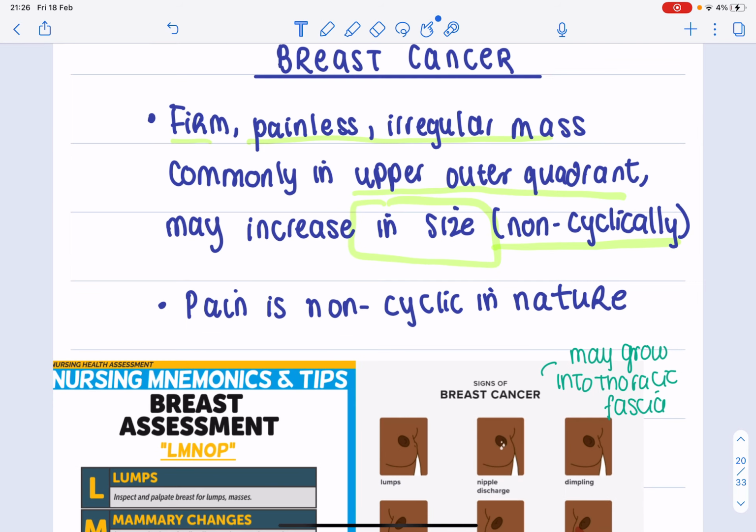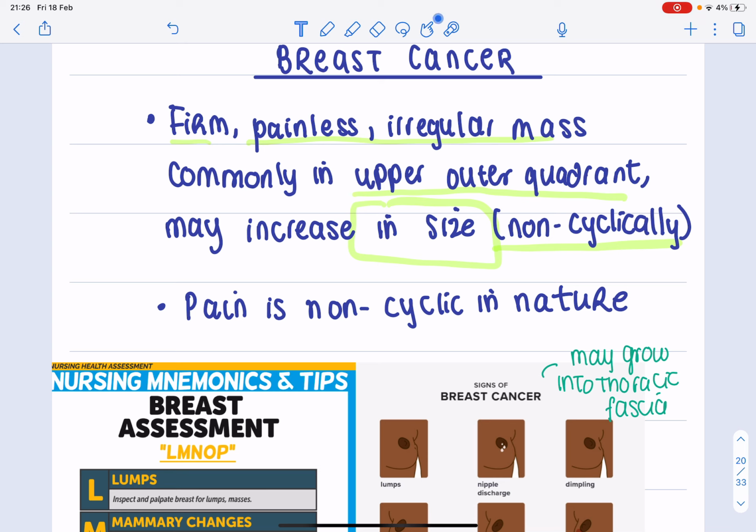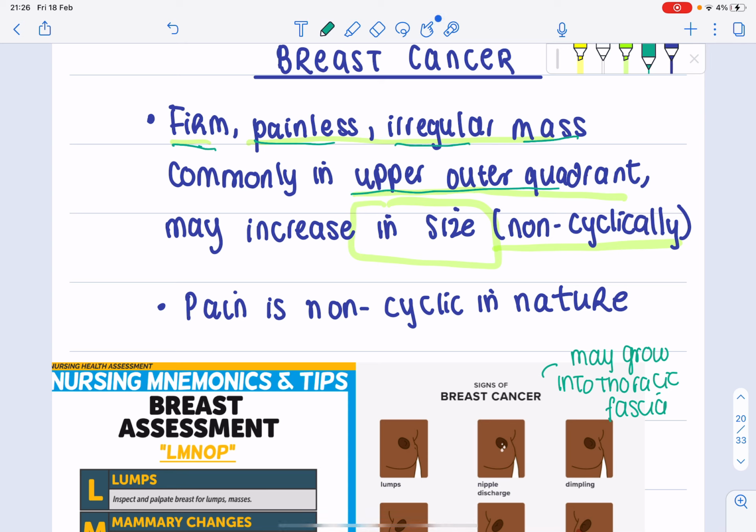So when it comes to breast cancer, it presents as a firm, painless, irregular mass, commonly in the upper outer quadrant close to the axilla, and it may also increase in size.